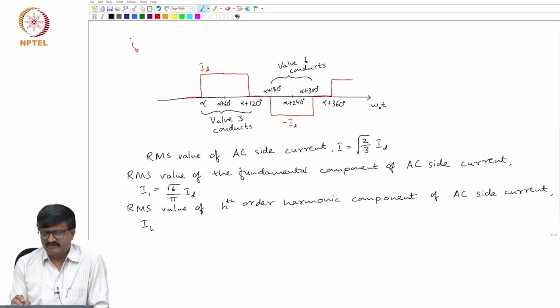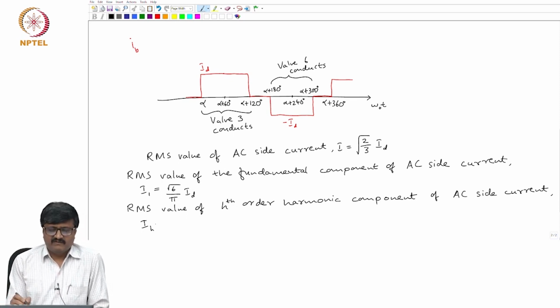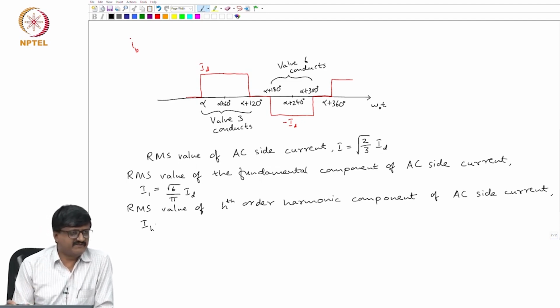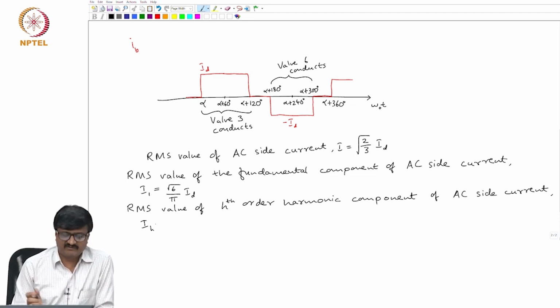When I use the word harmonic component, I mean H greater than or equal to 1. H equal to 1 means fundamental. Of course, we use the subscript 0 for average value, but for the quantities on the AC side, average is 0. We are talking about AC side current, so the average value is 0.